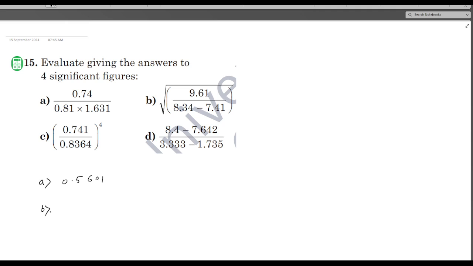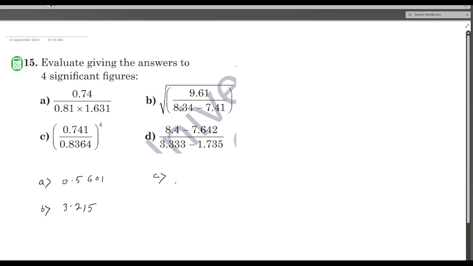Now this 8.34 and 7.41 we will use in a bracket, and then we will take its square root. So the result is 3.2145. That means 215, I will say 3.215.